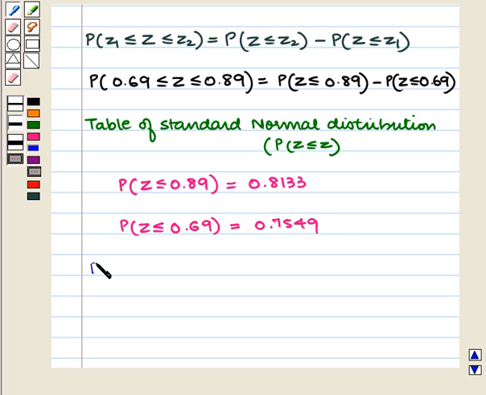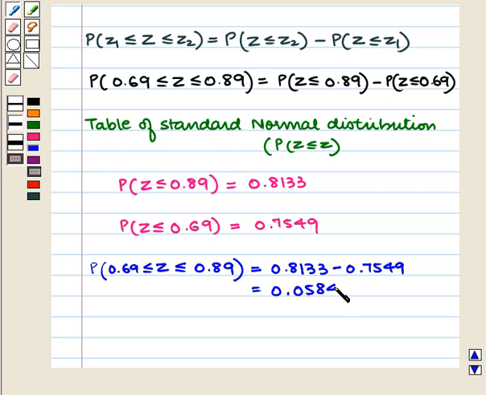So, probability of 0.69 less than equal to z less than equal to 0.89 will be equal to 0.8133 minus 0.7549, which is equal to 0.0584.